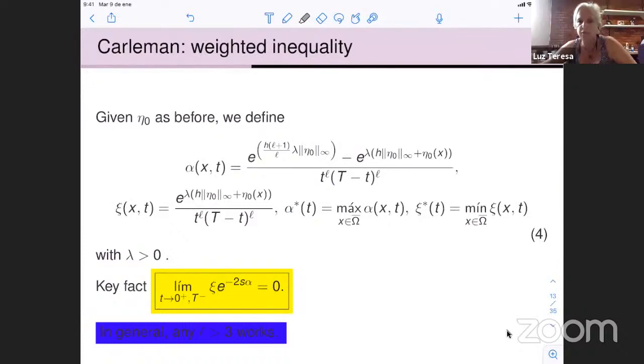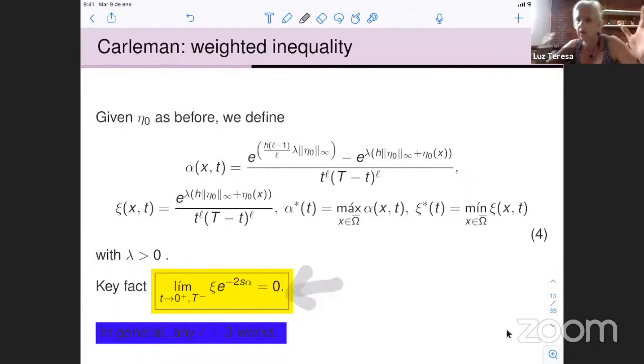So, okay, here is the way we construct a weight that is used in the Carleman inequalities, but I will pass very fast because we don't have time. And given this function, what is important there is that its critical points are inside the control set and the normal derivative is negative. So you can construct another weight that is related to this yellow thing, and at time equals t and at time equals 0, it vanishes.